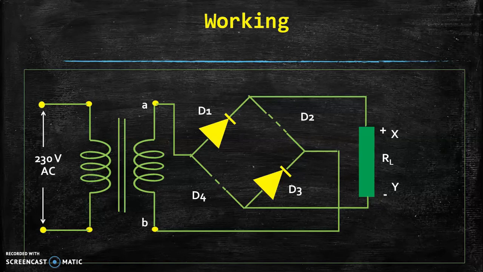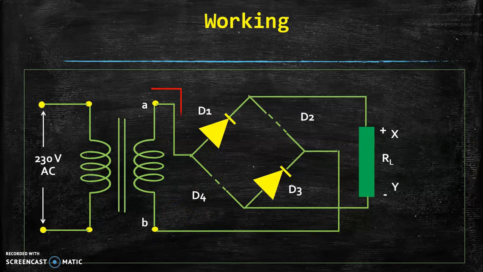The PN junction of diode D1 and D3 offers a very low resistance to the AC supply, and they allow current to pass from anode to cathode. At the same time, diode D2 and D4 both are reverse biased because point B is negative compared to point A. So diode D2 and D4 do not conduct during positive half cycle.